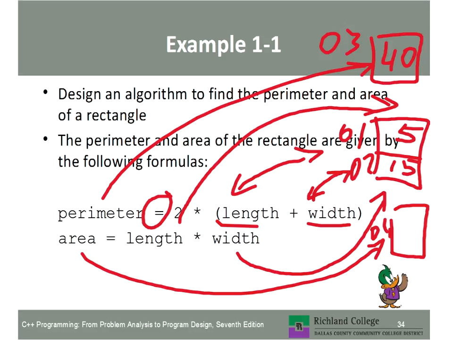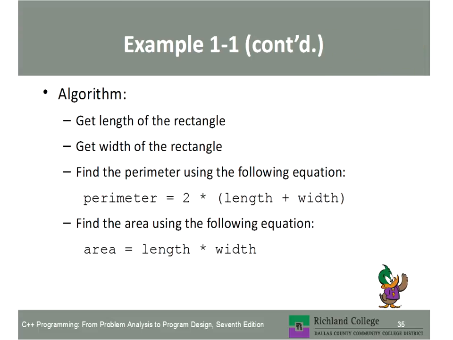Okay. So now we are multiplying the two, and maybe area is going to be 75 after we use the assignment operator. We store that value in that variable.